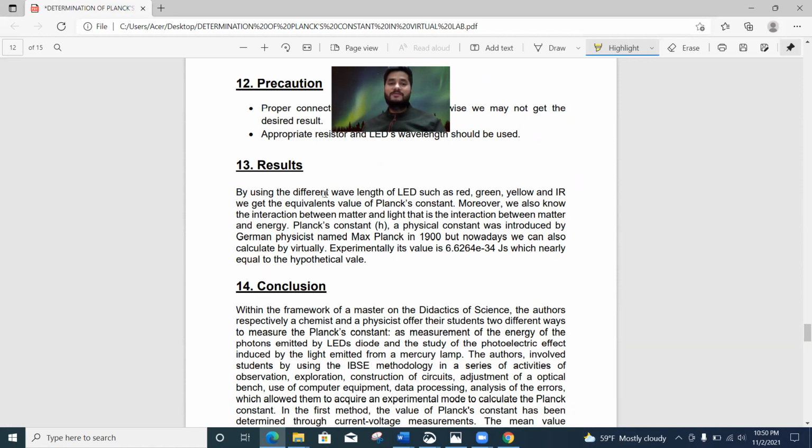From this experiment, we should also get the idea about matter and light, otherwise it is worthless. Planck's constant as a physical constant was introduced by the German physicist Max Planck in 1900.